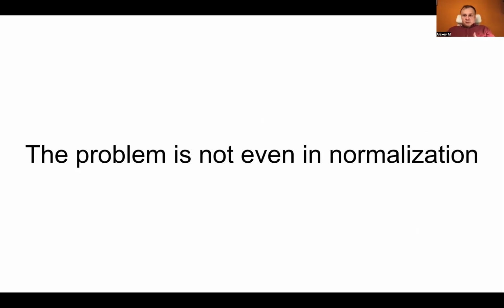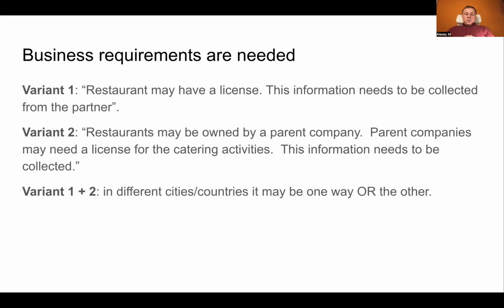Who needs the license? We need to see the business requirements written out in a human readable form. For example, restaurant may have a license. This information needs to be collected from the partner. And then the first variant is correct. Or restaurants may be owned by a parent company. Parent companies may need a license.